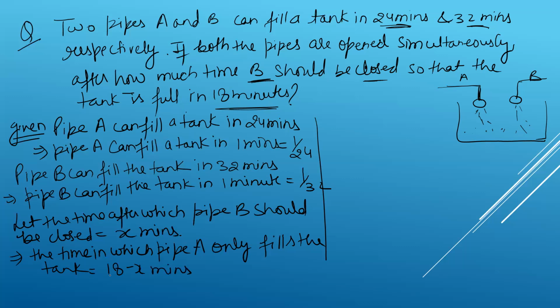Why 18 minus X? Because the question says if both the pipes are open, then after how much time B should be closed so that the tank is full in 18 minutes. So that is why we are writing 18 minus X minutes.